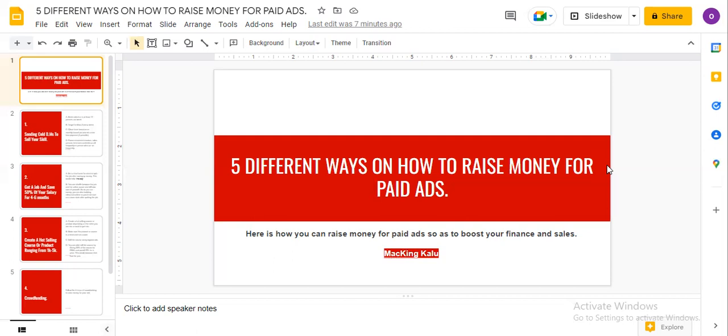Believe you me, these ways are applicable. It's something that you can use. So it's just for you to pick out the best one that you can use and use it until you've generated enough money to run ads with. You get? So without wasting much of our time, let's head straight to business.